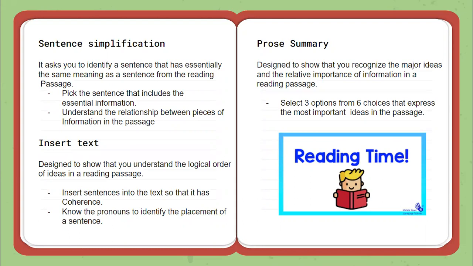For this kind of question, you are supposed to understand the whole reading passage. The options that you choose will best summarize all the content of the reading passage. So that's what you have to do in this kind of question, okay, guys?